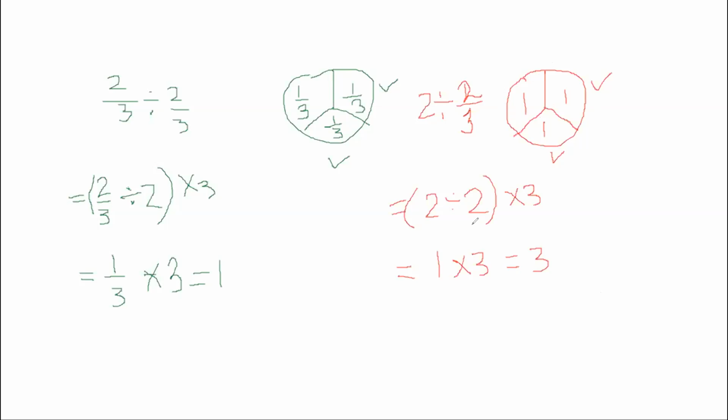See, the crucial thing is the numerator of the divisor. That many portions of the plate is what needs to be occupied first with the dividend. So that is why we are dividing by that numerator.